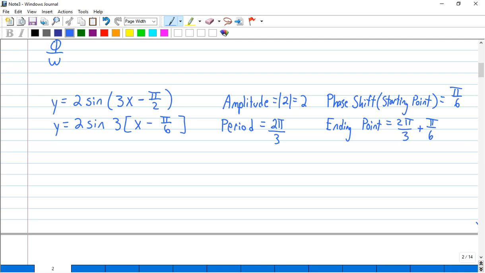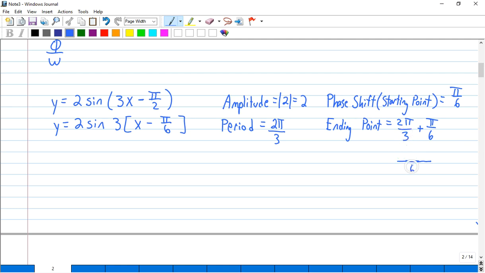And what do you get? I need to get a common denominator, right? So that's going to be 2 pi over 3. Is that right? Can I put the 2 pi up here? No, I can't because they don't have the same denominator.